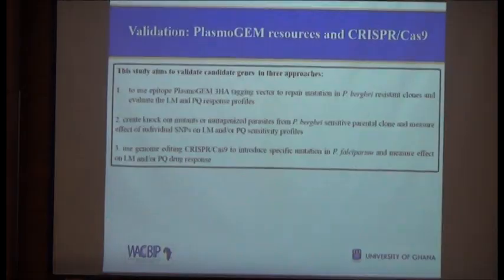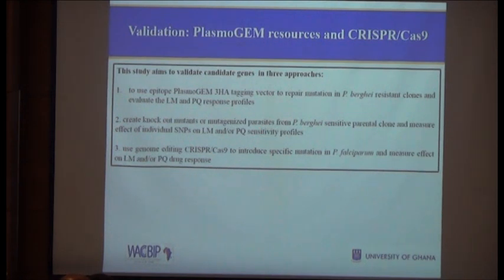So we set objectives, and the key thing was to use 3 ways. One is to use the resistant line and try to repair the mutation, to revert the resistant parasite into sensitivity. The other way is to use a knockout mutant based on the mutation, or to use a mutagenized vector and introduce the mutation in the sensitive background, and then measure the drug profile.